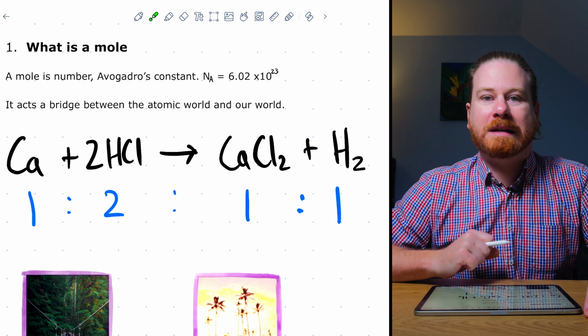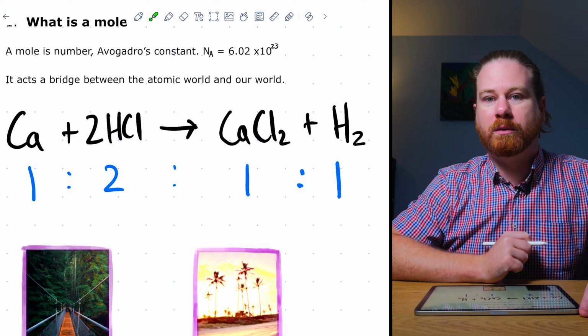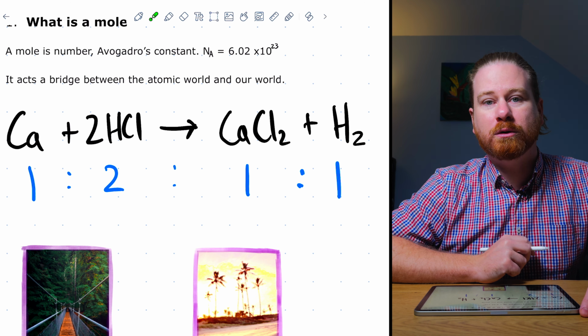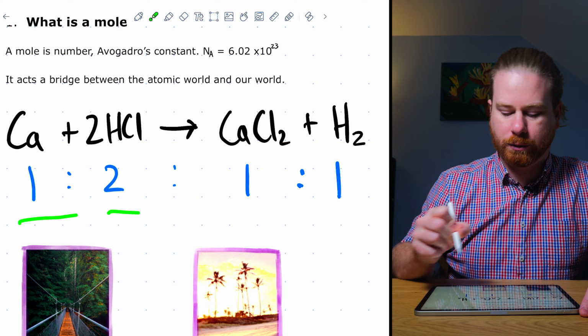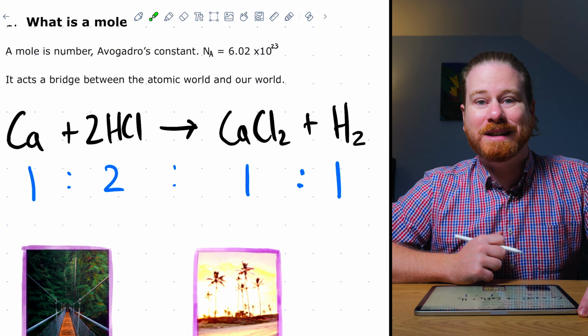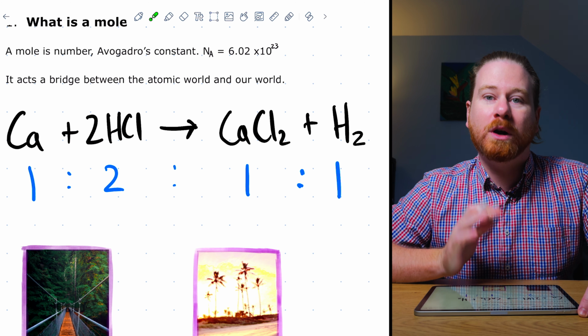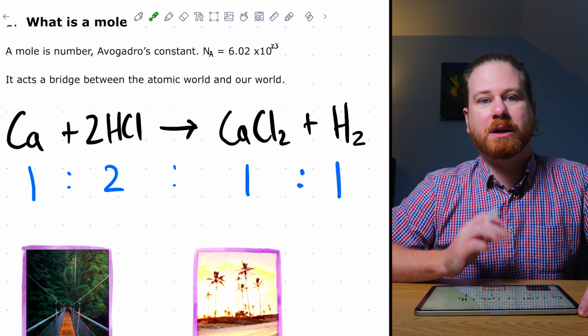So in this reaction, the reactants are in a 1:2 ratio, and overall the reaction is in a 1:2 to 1:1 ratio. So this means if I have one calcium and react it with two hydrochloric acids, I will get my products.